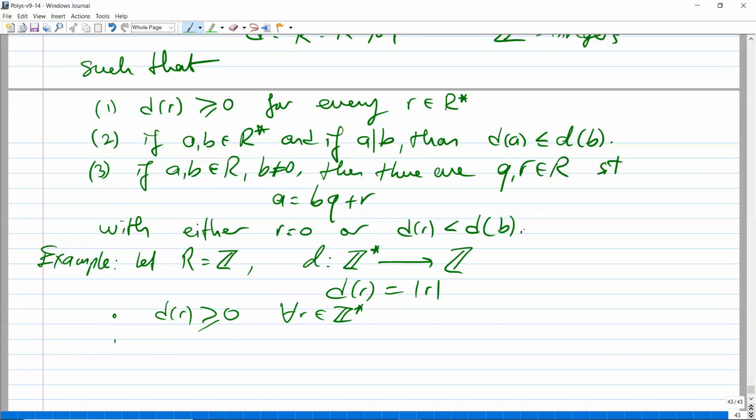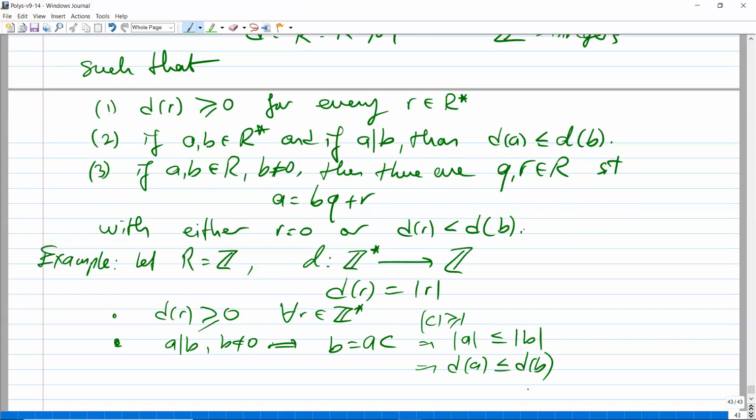Second, if A divides B and B is a non-zero integer, then we may write B as A times C, where the absolute value of C is greater than or equal to 1, so that the absolute value of A is less than or equal to the absolute value of B. So that means d of A is less than or equal to d of B, so the second property is satisfied.